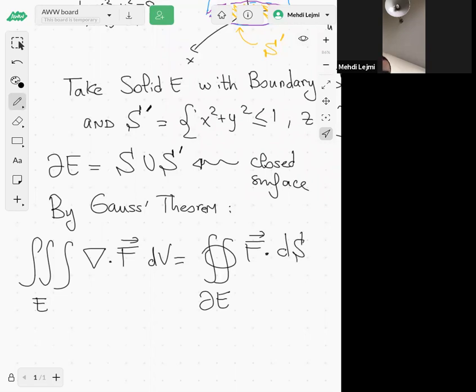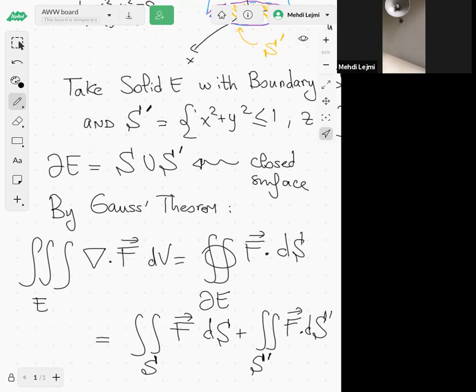But this boundary of E has two pieces, right? The first piece is S, plus the second piece. So the flux of F across the second piece, which is S prime, the bottom, right?